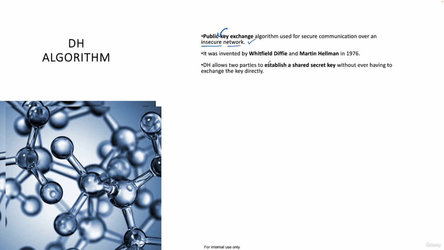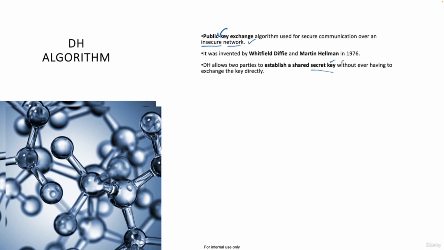Just think about it, back in 1976 they invented it, and till date it is being utilized. So please have a good understanding of how the Diffie-Hellman algorithm works. Diffie-Hellman allows two parties to establish a shared secret key, and that is the aim, right? Both the parties will have a shared secret key.